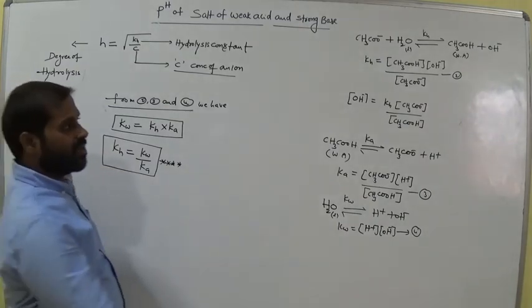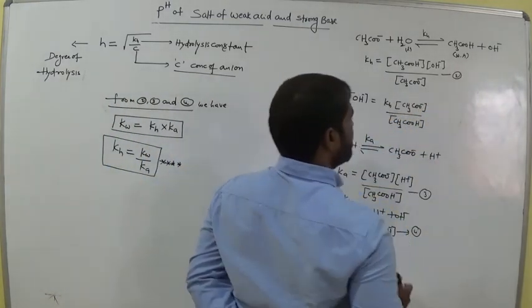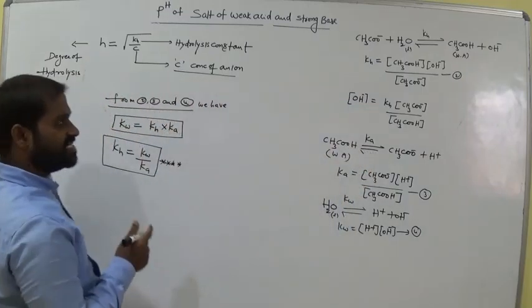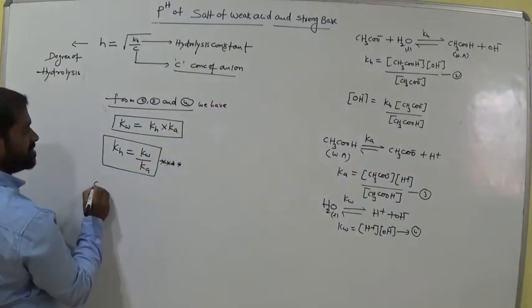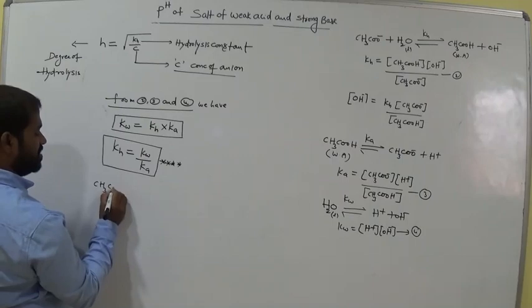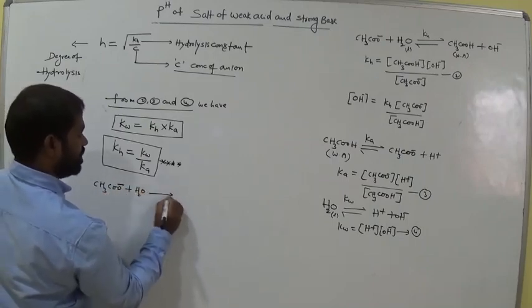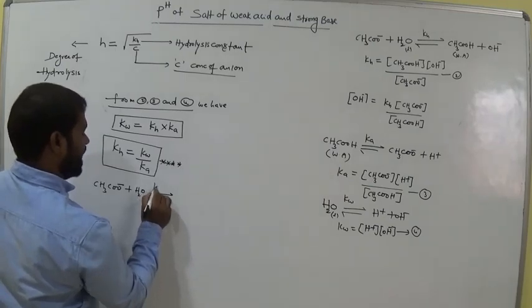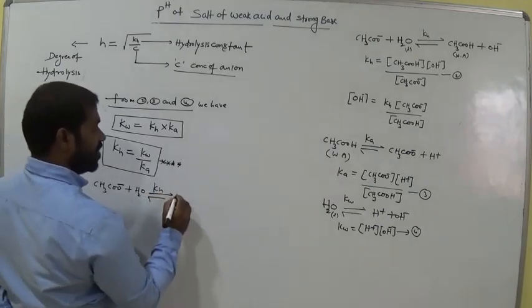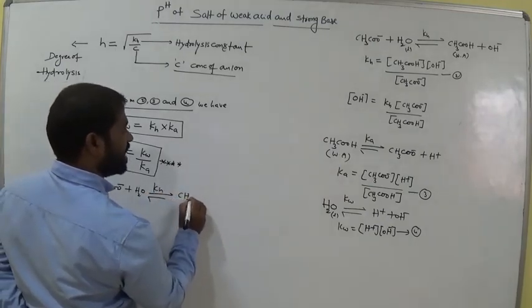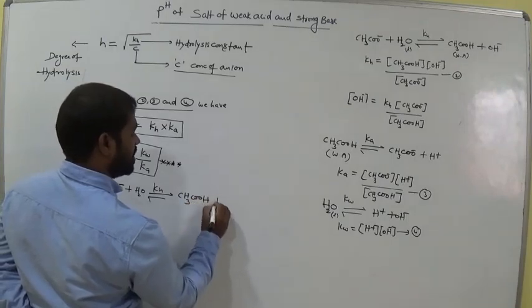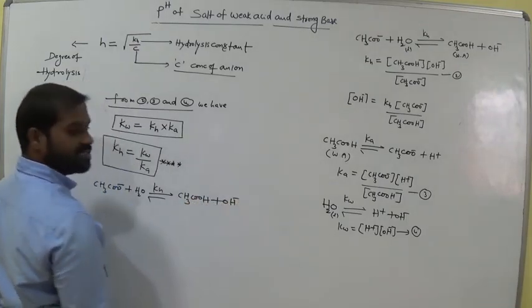Now from this equation I would like to consider CH3COO minus and H2O. Now it is Kh. How is it ionized? Into CH3COOH and OH minus, am I right?